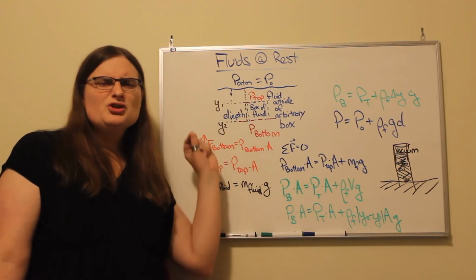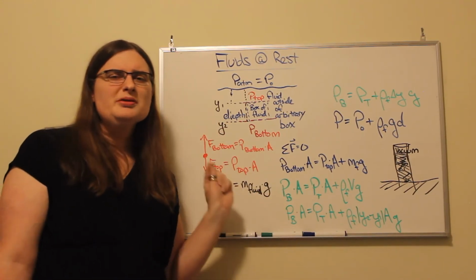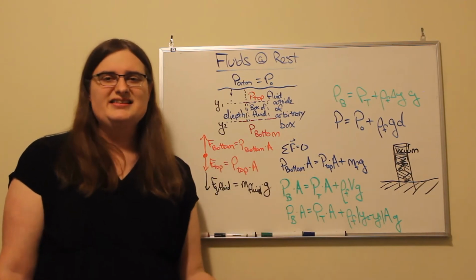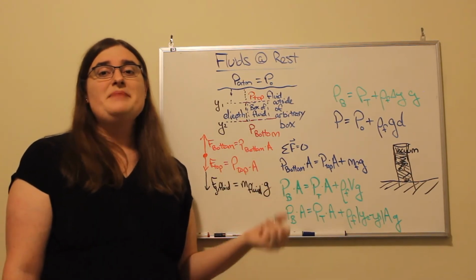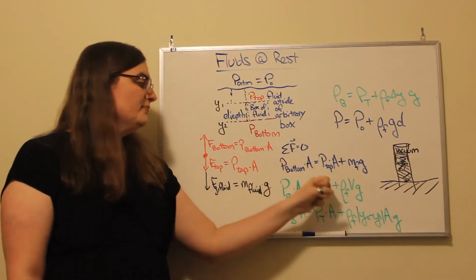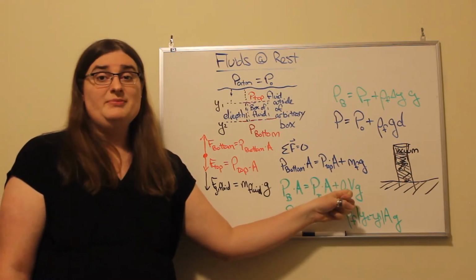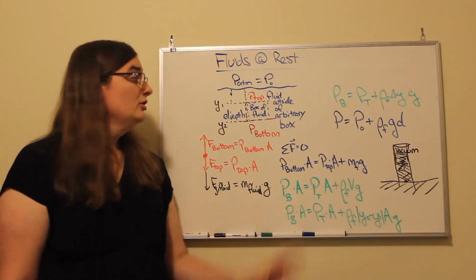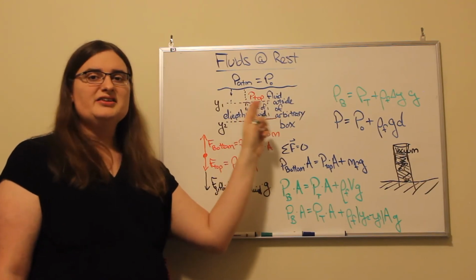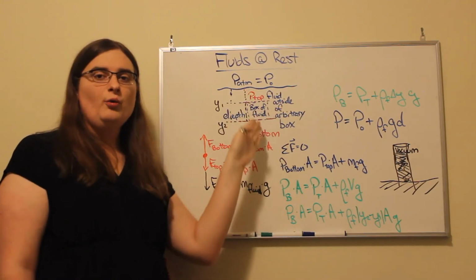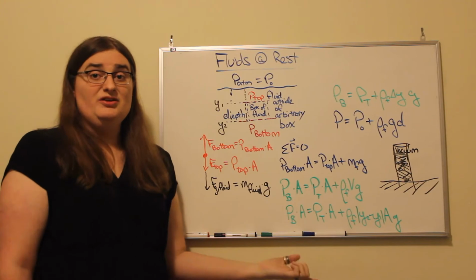Now with fluids, we normally don't think about mass. We normally think in terms of density. And the density is the mass over the volume. So the mass of my fluid would be the density of my fluid times my volume. But for the volume, I said there's some sort of area over which that pressure is acting to give me a force.